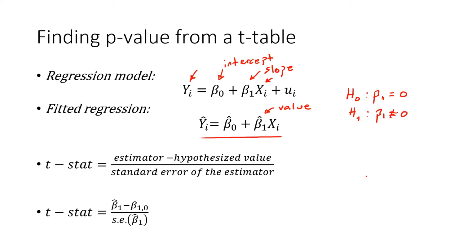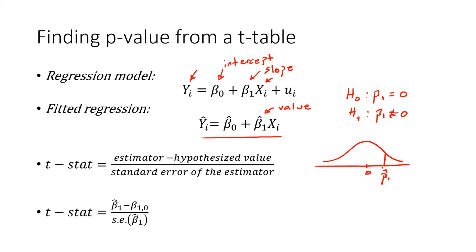So your question is, what is the probability of getting a value more extreme than beta hat? So this is a two-sided test. So what is the probability of getting something more extreme than the acquired beta hat? Okay, for example, this is 0. This is the null hypothesis.